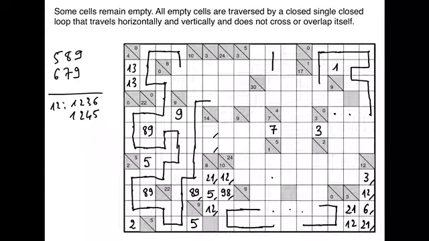Now it's here, and those block the loop from going through here or through there. What happens here? Could it be that? And that? It looks like it could be.